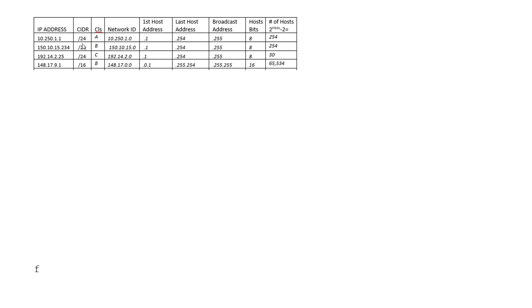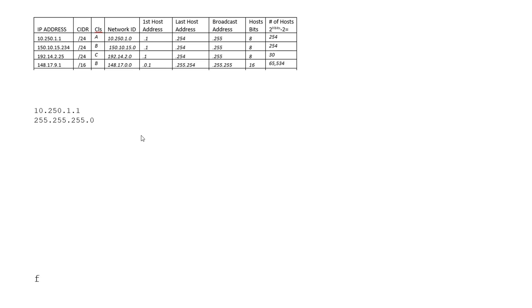And as you can see, it has a CIDR notation of a /24, which means 24 bits in the subnet mask. So we've got a 10.250.1.1, and again the equivalent of the subnet mask is 255.255.255.0.